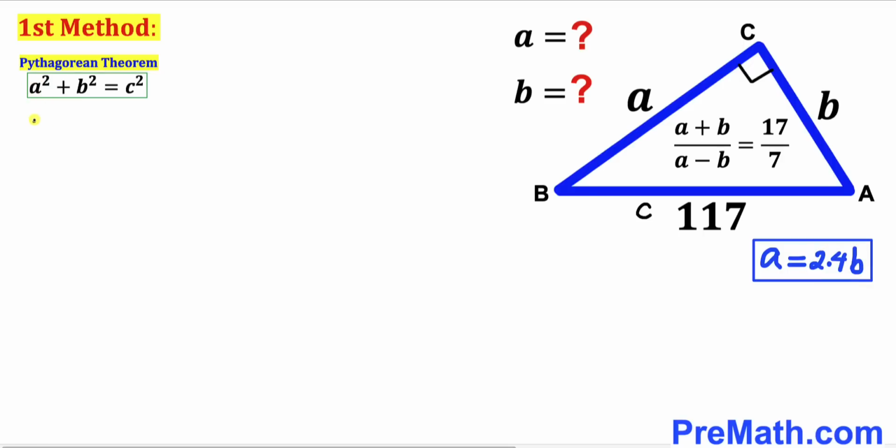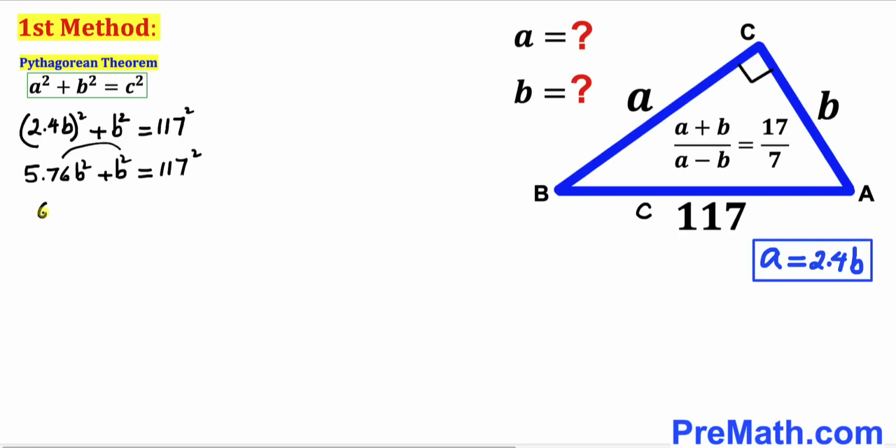So we can write (2.4 times b) squared plus b squared equals 117 squared. Taking the square of that gives us 5.76 b squared plus b squared equals 117 squared. Combining like terms gives us 6.76 b squared equals 117 squared.